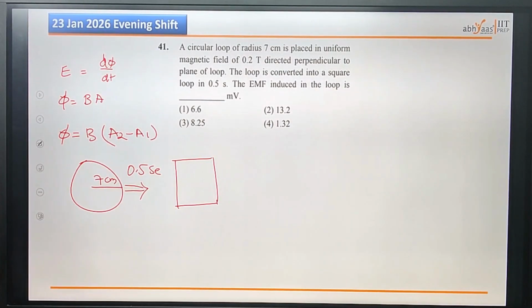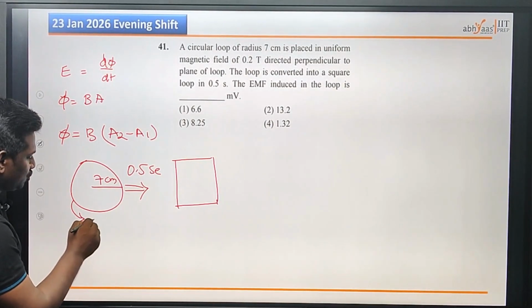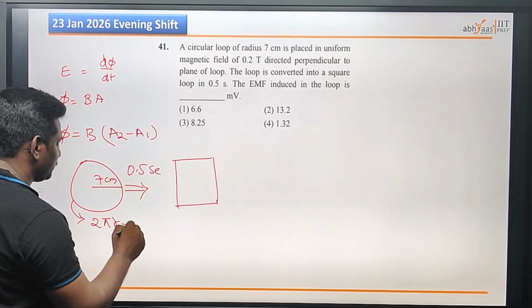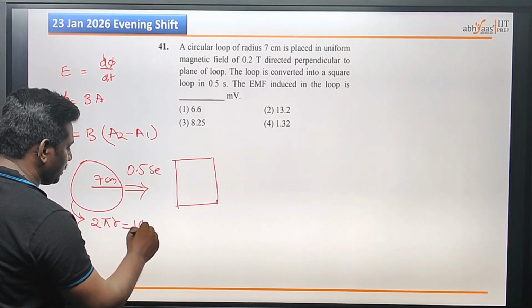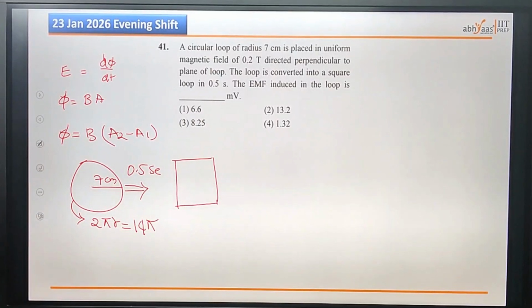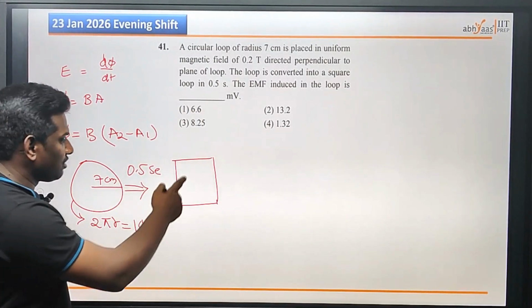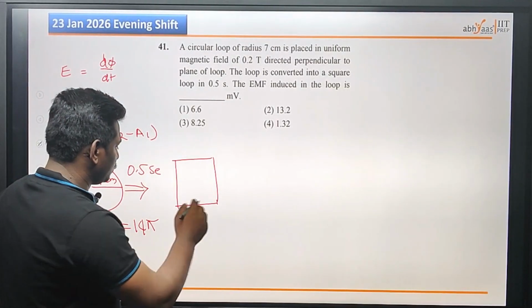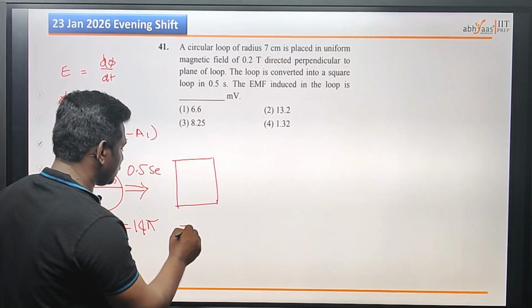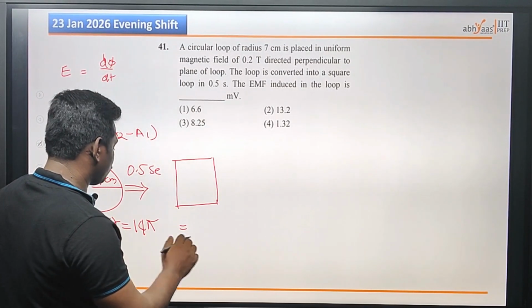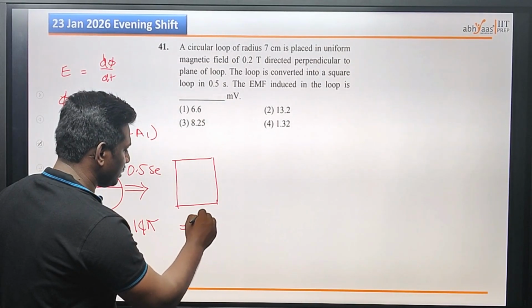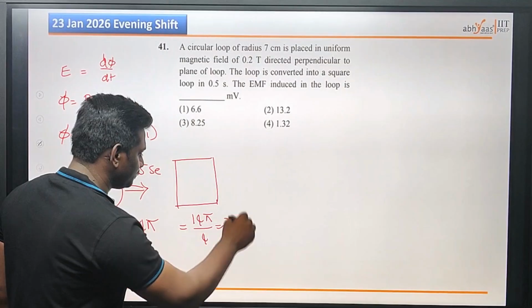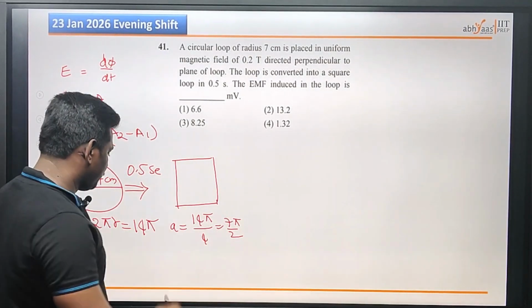What is the circumference? 2 pi r, that is 14 pi. This is its length. What about the side of this square? The side of this square is length by 4, that is 14 pi by 4, 7 pi by 2. This is our side a.